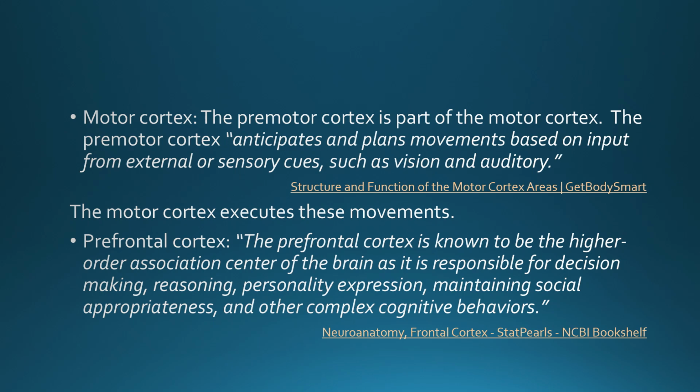So it takes those in and anticipates the movements that will be made based on those cues. And the motor cortex executes these movements. The prefrontal cortex is known to be the higher order association center of the brain. It is responsible for decision making, reasoning, personality expression, maintaining social appropriateness, and other complex cognitive behaviors. So as it mentions, it's the higher order part. It focuses on those complex behaviors.